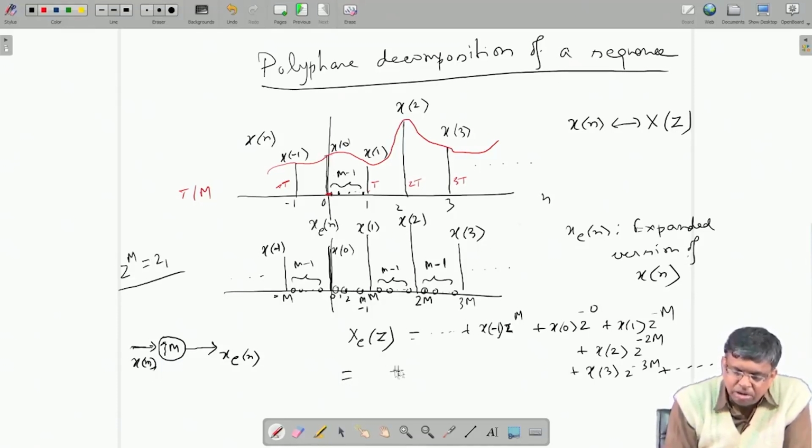So, this is nothing but x minus 1 z1 plus x0 z1 to the power minus 0, they are the same.